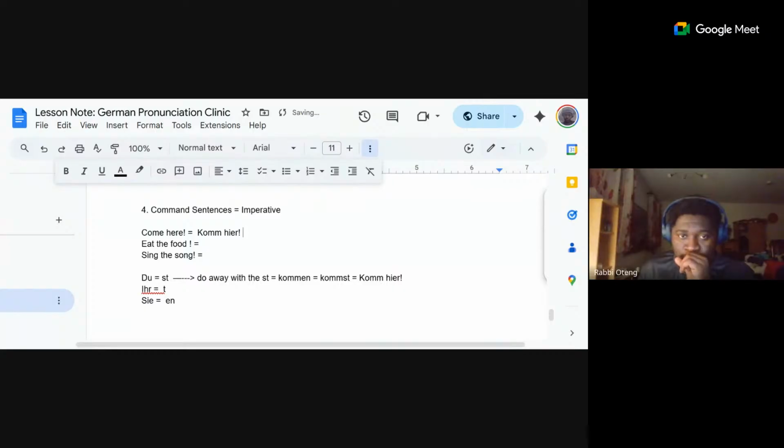Then for ihr, you maintain the form. You don't do away with this. The T remains.